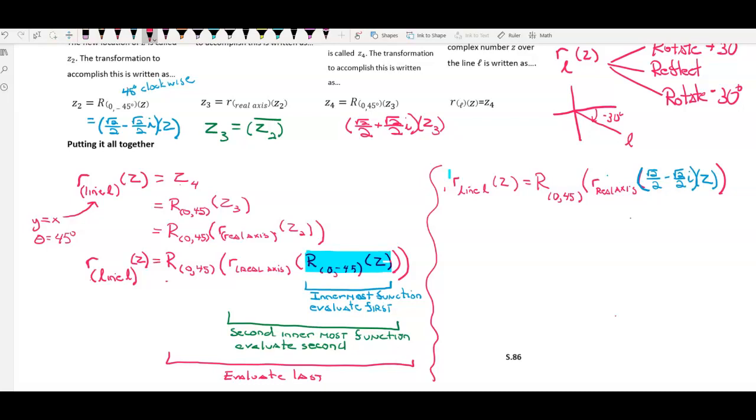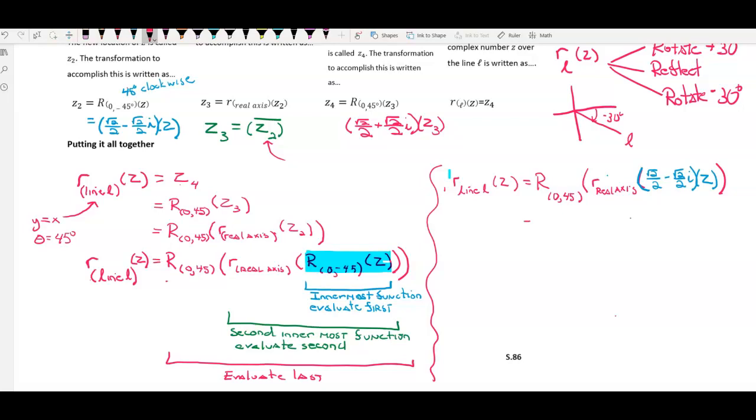Now my next step is you're going to do this green part. To take something and flip it over the x-axis, we do the conjugate. That's what that means. So I'm going to take this and write the conjugate of it.